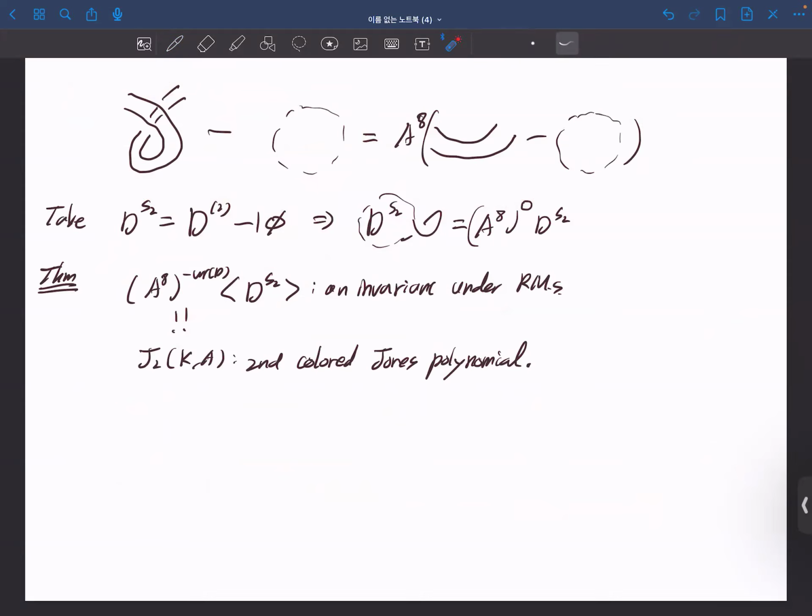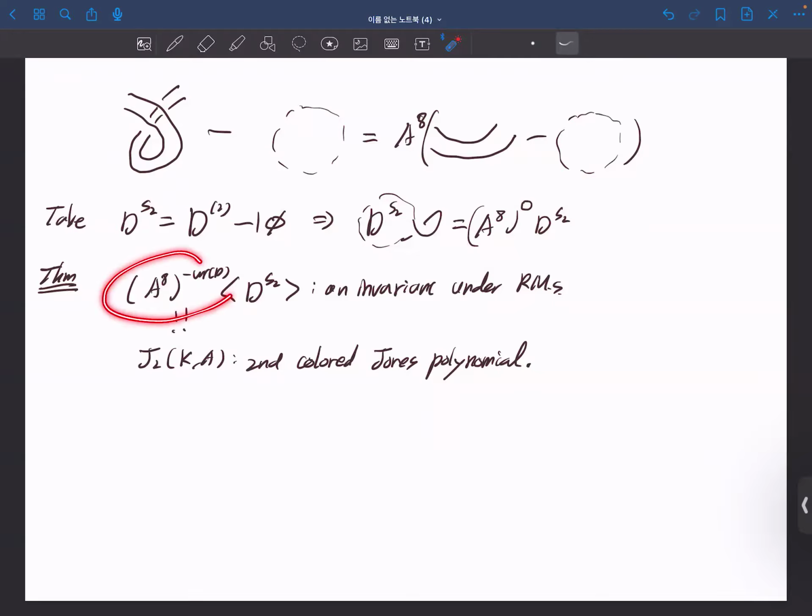And here the point is, if we replace D2 by DS2, we can obtain such an equality. When we add or delete a kink, we just need to multiply by some coefficient, A to the 8 to the sign.